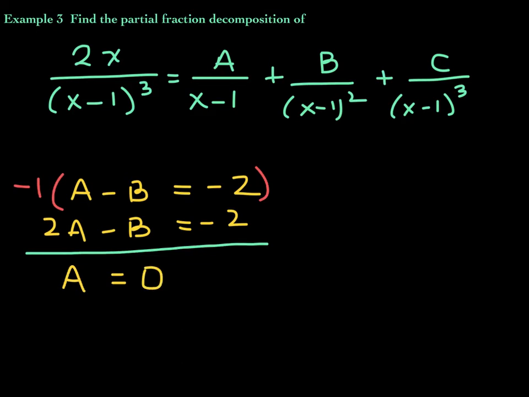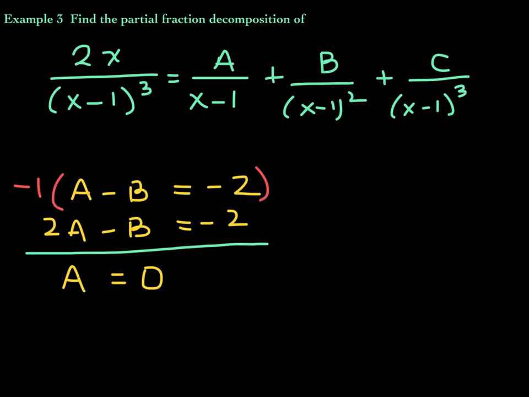This would be negative a plus 2a is positive a, and negative 1 times negative b is positive b, minus b is 0, and negative 1 times negative 2 is positive 2, and a negative 2 gives you 0. So we just found that a is 0.